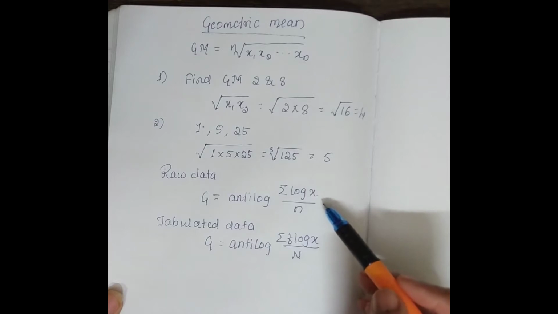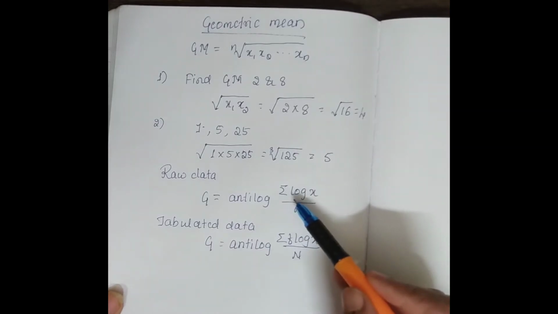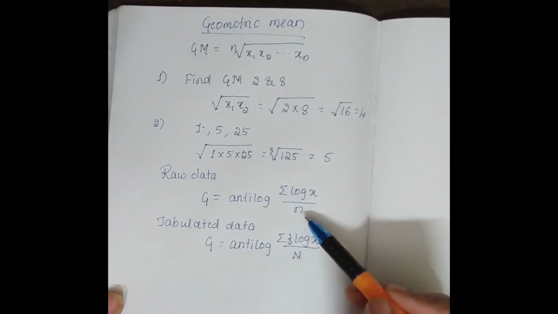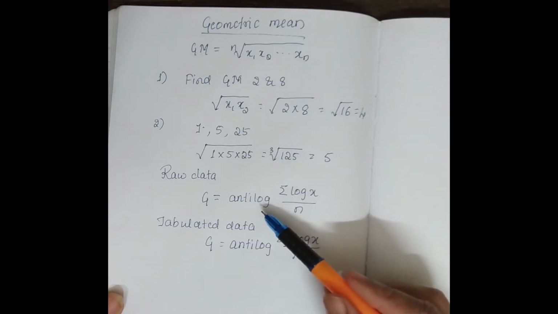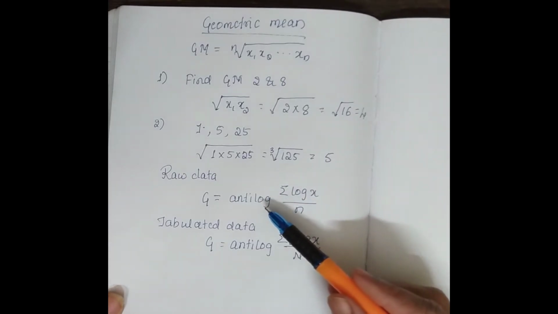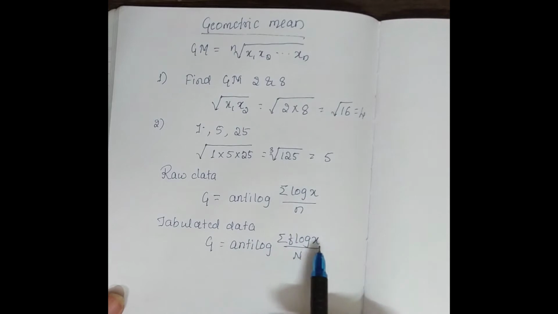For raw data, when x values are given, we take log x divided by the number of values, and afterwards we take the antilogarithm. For tabulated data, the frequency is given, so we take f into log x divided by the total of frequencies, capital N. Then we will solve our examples.